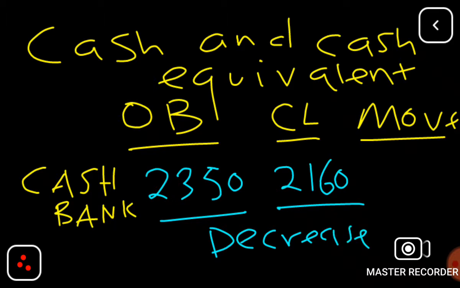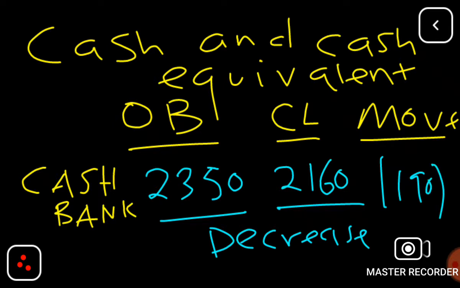So because there was a decrease in cash, the decrease must be 2350 minus 2160, which should be negative 190.